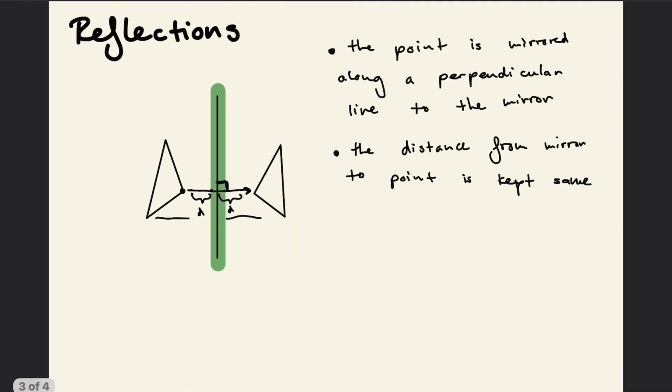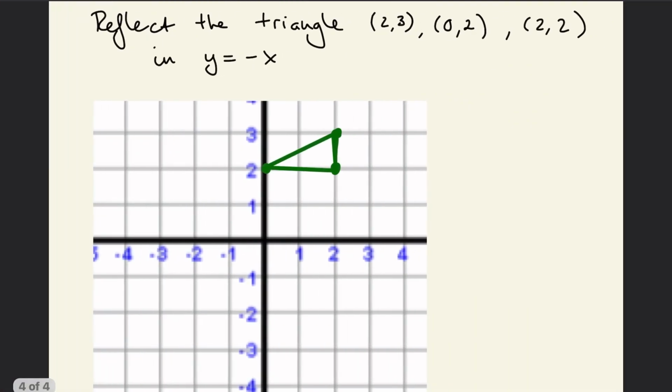And we want to reflect it into the line y equals negative x. So unlike here, where our mirror was vertical, and thus the direction we move in had to be horizontal because that's the perpendicular, in this case, we're given a slightly harder mirror line. So how about we quickly draw this y equals negative x? It doesn't have to be perfect, we just have to kind of be able to tell. So now, remember what I said.